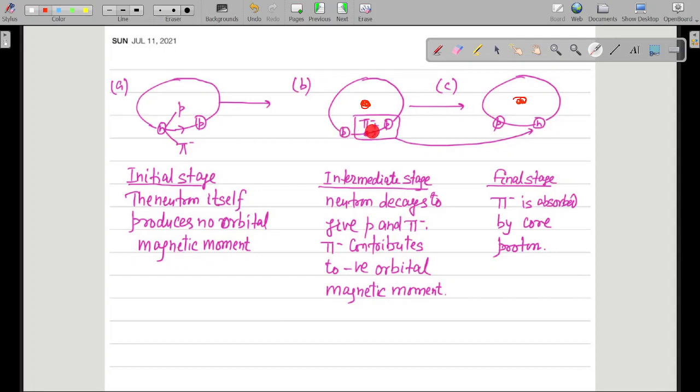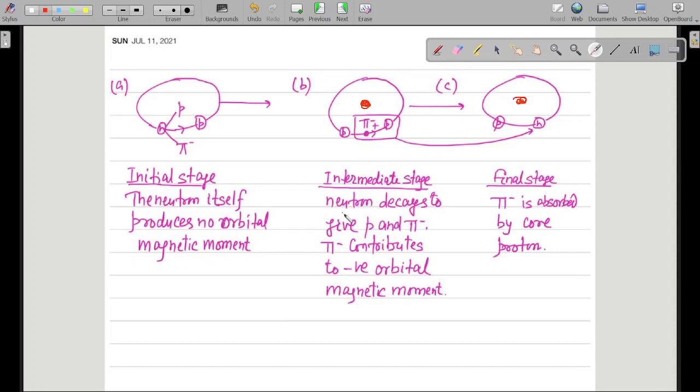So it was moving with a very high velocity, and this particular particle was moving in the opposite direction with a very low velocity. The overall effect was such that this negative charge became the dominant, deciding factor in the orbital magnetic moment.